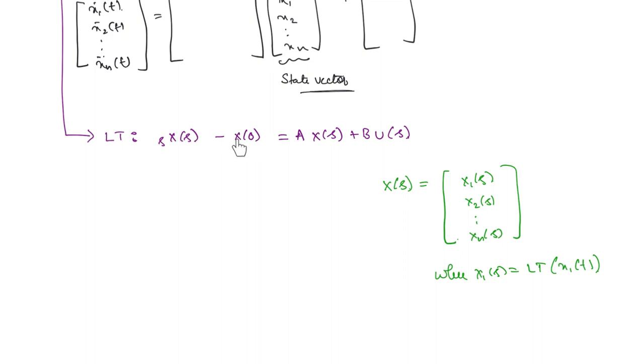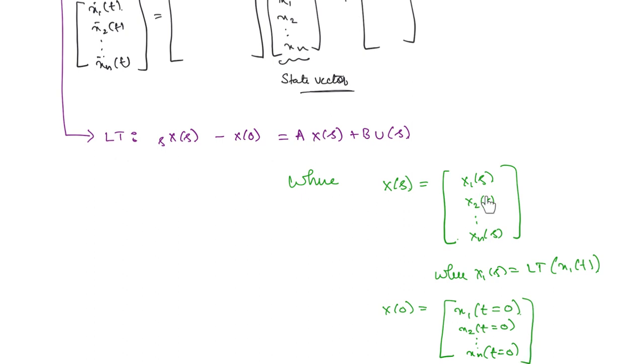And what is x of 0? It is not the Laplace transform, but x1 of t at t equal to 0, x2 of t at t equal to 0 and so on till xn of t at t equal to 0. Similarly, U of s, if it is a single signal, then it will be u of t. If it is multiple inputs, then it will also be a matrix.